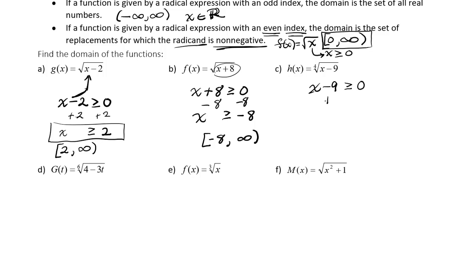So if we solve for x by adding 9 to both sides, we see that x must be greater than or equal to 9 to make the radicand stay, let's say, non-negative. So the domain for this even radical function must be from 9 to positive infinity. So open bracket, 9, comma, infinity, close parenthesis.